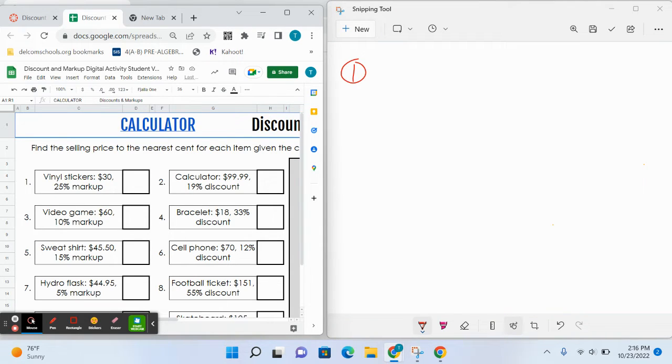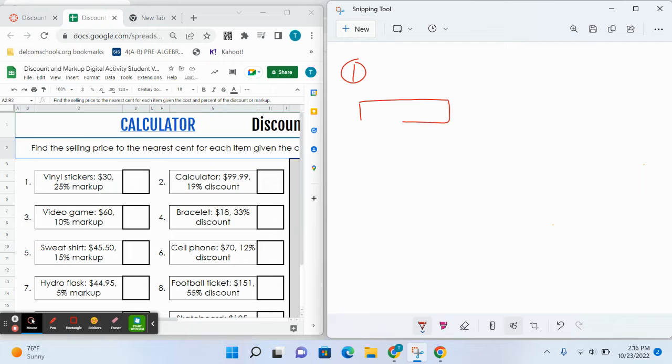The first thing we did when we started looking at percent problems was a rectangle. I'll go over this quickly. We had 0% on the very left and 100% on the very right. Percentages on top, stuff on the bottom. The stuff in all these problems is going to be dollars.